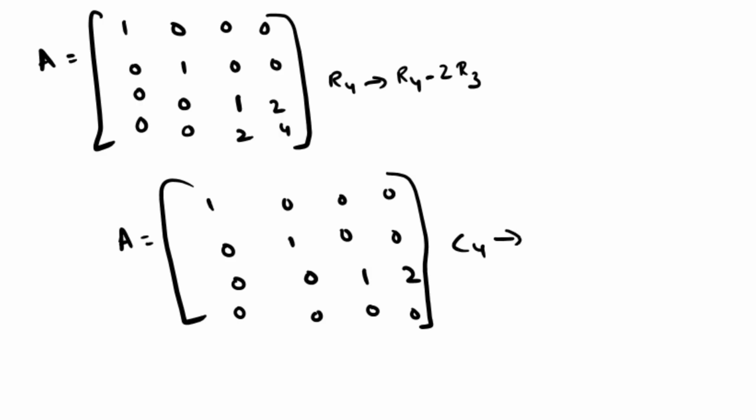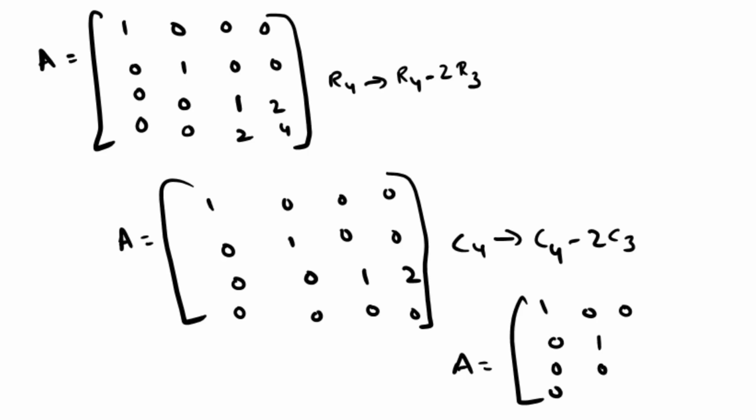Now C4 implies C4 minus 2C3. Now A will be 1, 0, 0, 0, 0, 1, 0, 0, 0, 0, 1, 0, 0, 0, 0, 0.